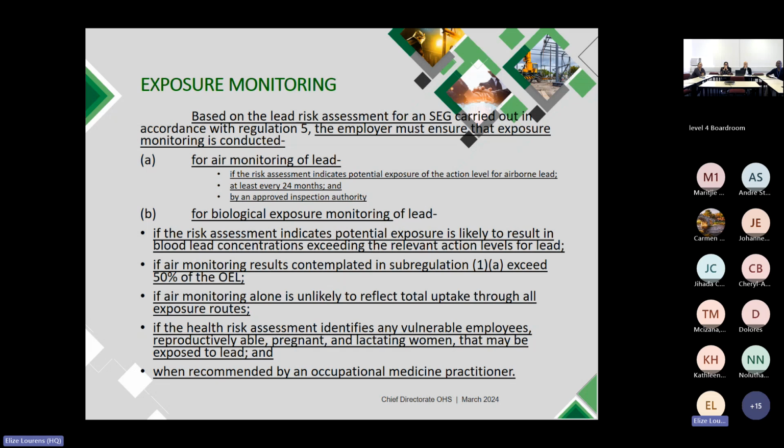As I said previously, especially with lead, skin absorption is a consideration, and that will obviously not be picked up during air monitoring. So if there is a likelihood of skin absorption, then it will trigger biological exposure monitoring. Also if the health risk assessment identifies any vulnerable employees, reproductively able, pregnant and lactating women that may be exposed to lead, and when recommended by the occupational medicine practitioner.